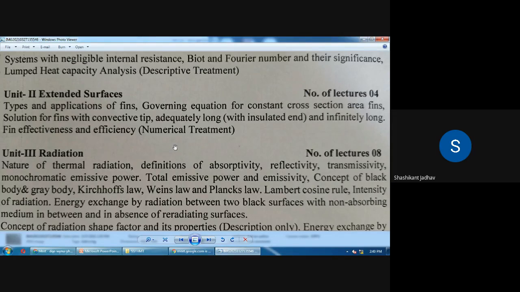By increasing what factors can we improve the rate of heat transfer? What is another way to improve the heat transfer rate?